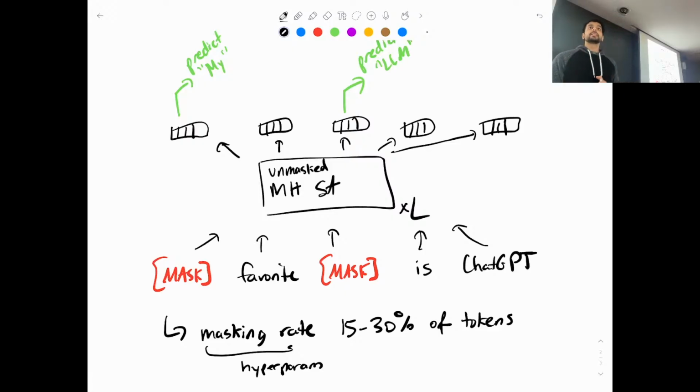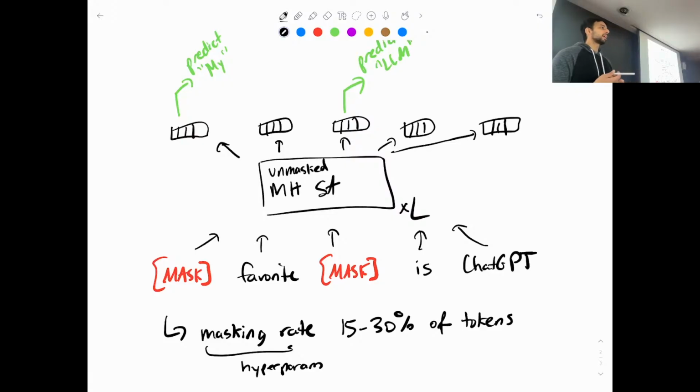Again, this ties into the topic for the next part of the class, which is how you segment the sentence or the input. ChatGPT might be 4 tokens, or it might be 1 token, depending on how you set up your tokenizer. And in general here, 30% of any of the tokens are masked without regard for whether they're next to each other or not.